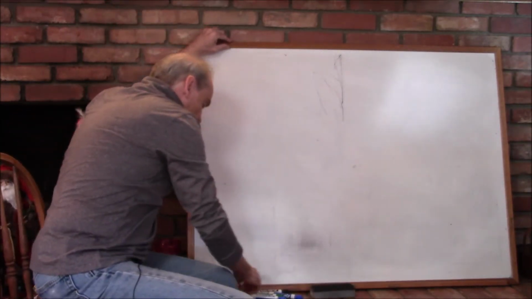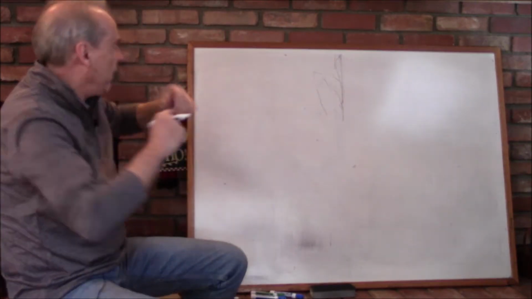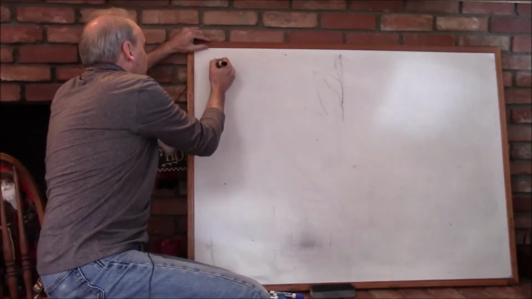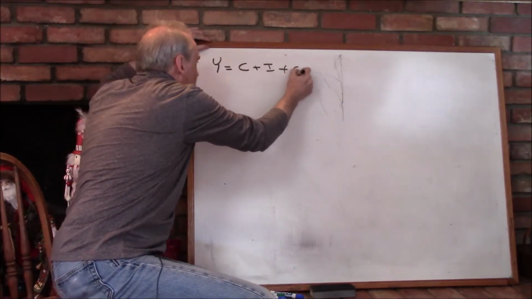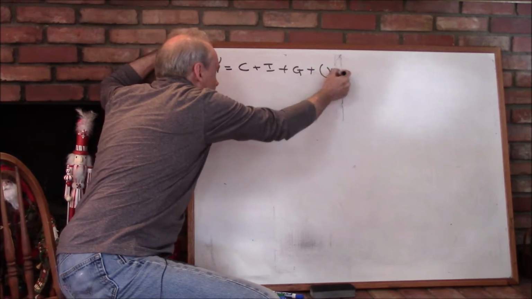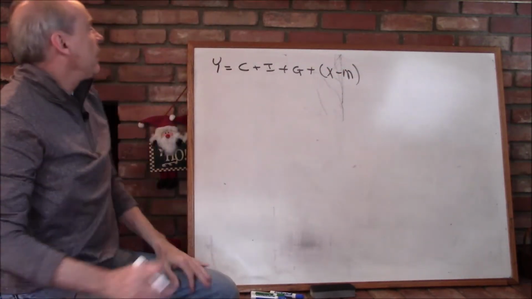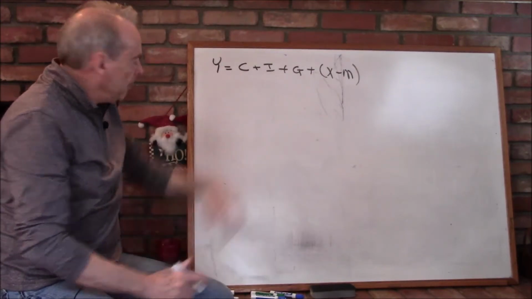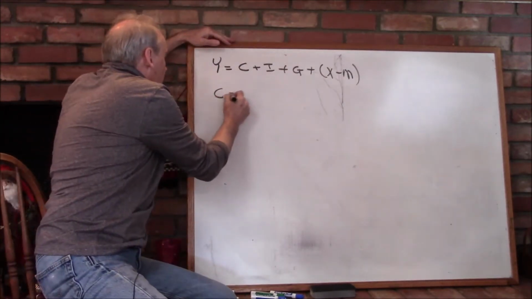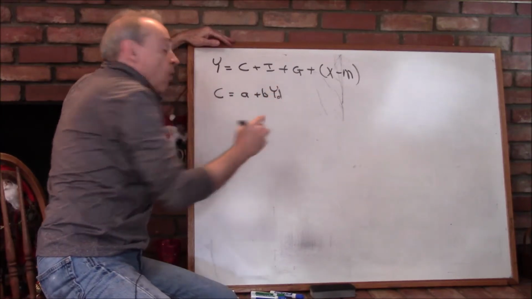So with this multiplier, we're going to have to specify consumption a little bit differently. First equation, Y equals C plus I plus G plus X minus M. Our old friend, GDP. And then consumption is equal to A plus B times YD.